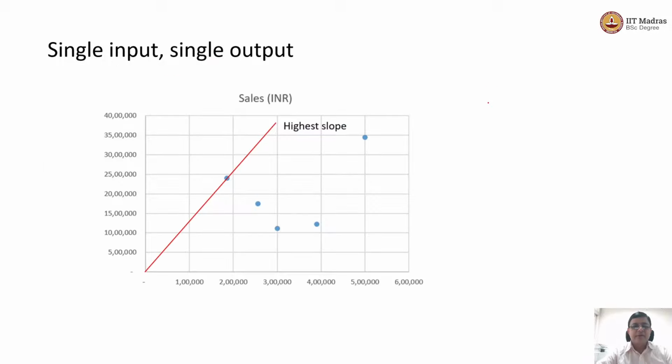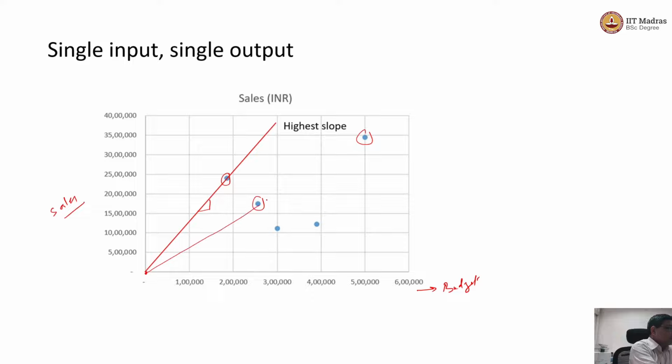Graphically it would look like this. These are the budget values, which is the input. These are the sales values, which is the output, and essentially you draw a line joining the origin and each individual economic unit.